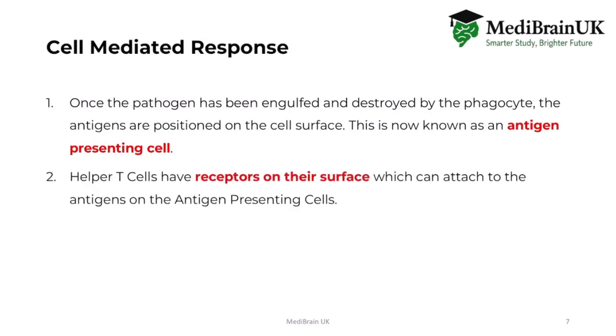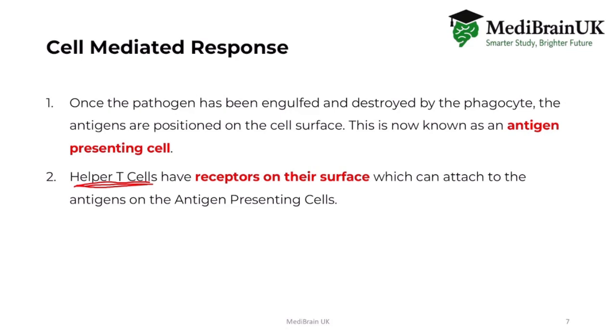So the second step is the helper T cells come round. They realize that this phagocyte needs help. These helper T cells have receptors on their surface.